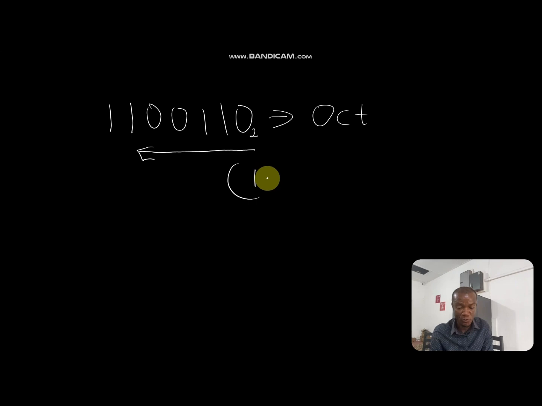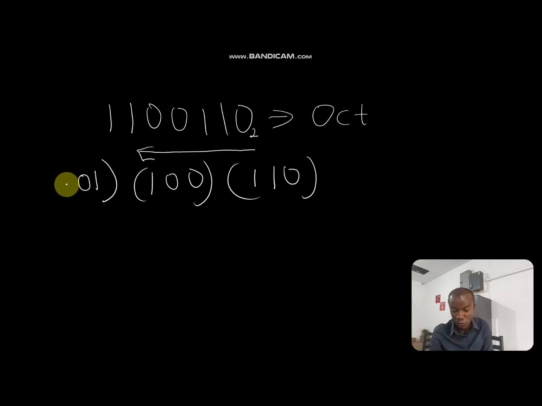So my first group will be 1 1 0. My second group will be 1 0 0. Then here I will have a third group. Since I have 1 here and it's supposed to be in groups of 3 bits, I add 2 zeros like this.